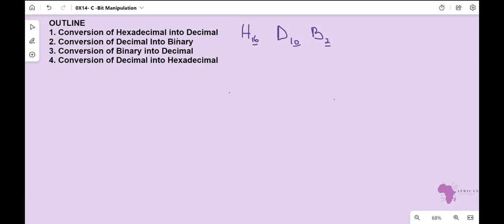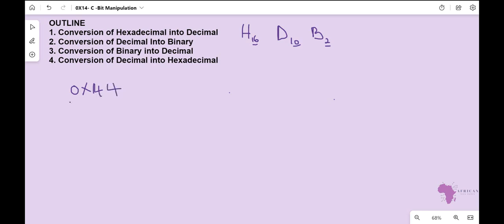Now guys, let's get into converting a hexadecimal number into a decimal number. First of all, let's have a look at a hexadecimal number. For example, let's say my example is 0x44.